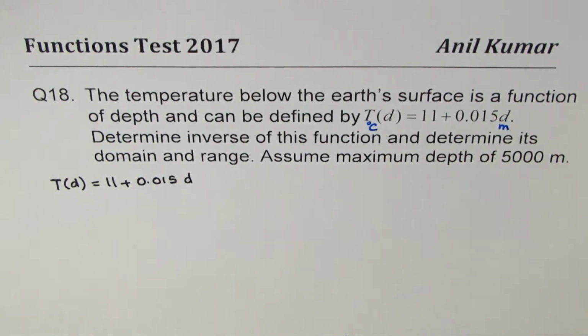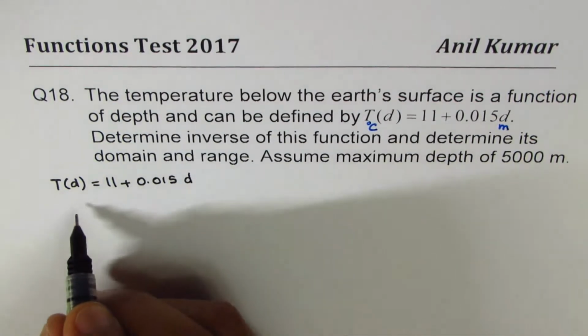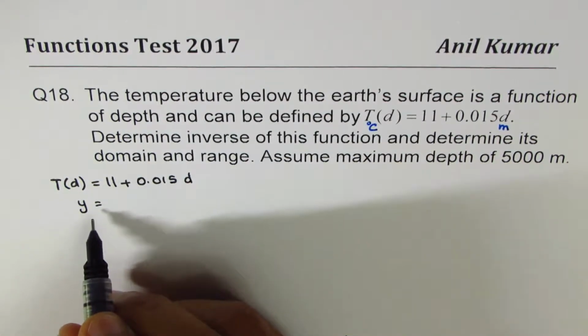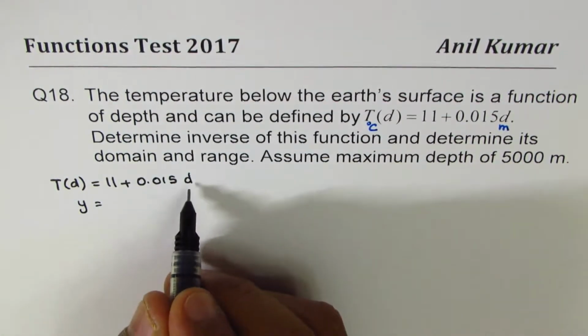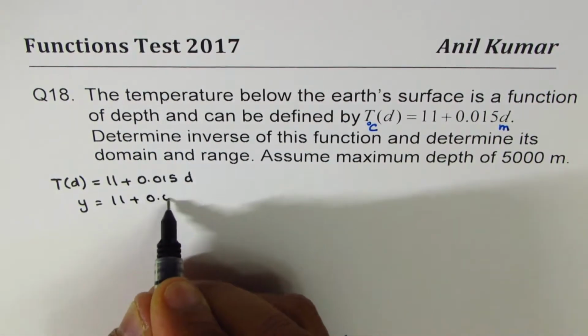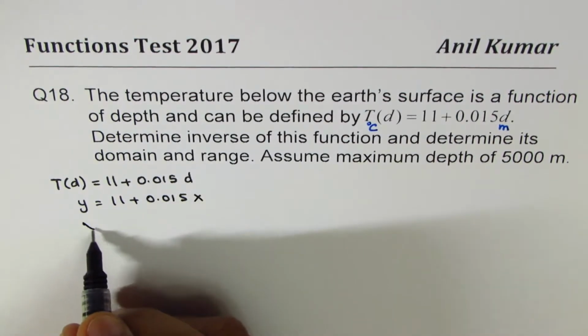Now, to find the inverse of this function, we can first write y equals, replacing the variables x and y for d and t. So we'll do y equals 11 plus 0.015x. Now we'll interchange x and y.